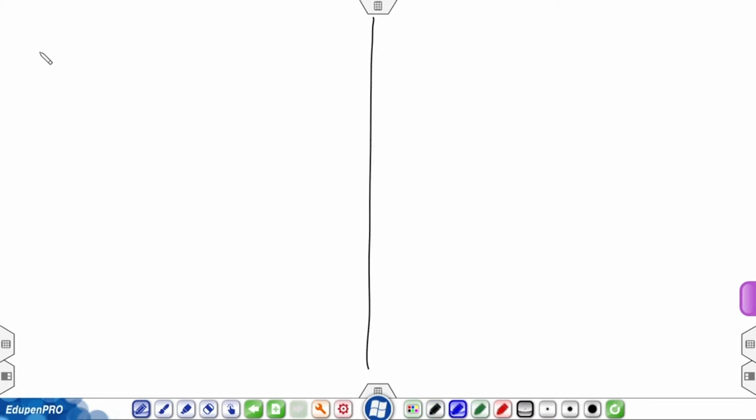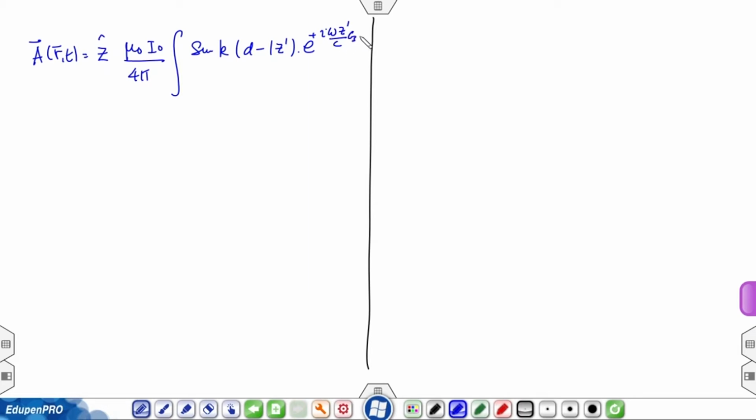So, we have gotten A(r, t) equals, in the z direction, mu naught I naught over 4 pi integration sine of k d minus mod z prime times e raised to plus I omega z prime over c cosine of theta, divided by r minus z prime cosine of theta dz prime, and is multiplied by e raised to minus I omega t minus r over c, which I can take out.